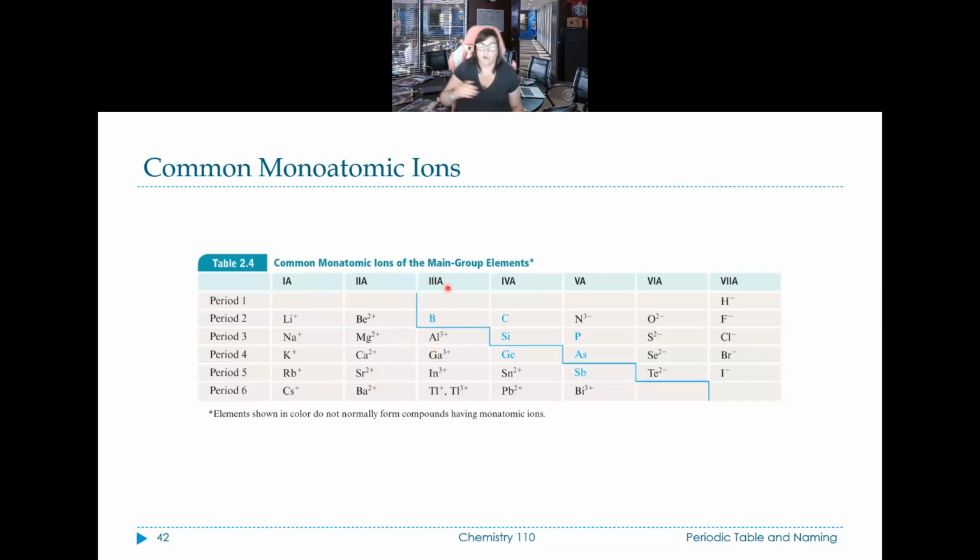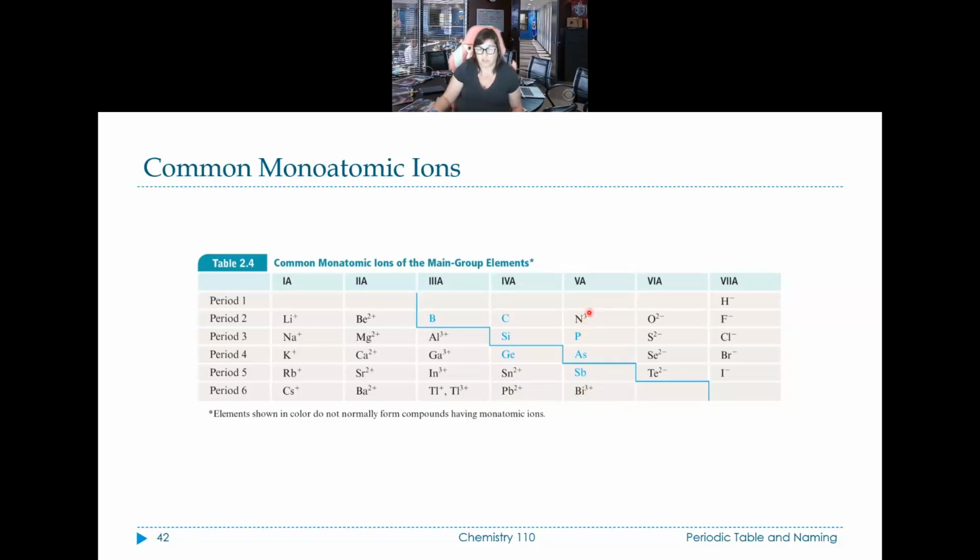Our 3A group, over here, Al3 plus, is going to lose 3 electrons to become like the nearest noble gas. In my 5A, we're going to gain 3 electrons here, while on the metallic side, we lose electrons, and that's because of the difference in electronegativity.